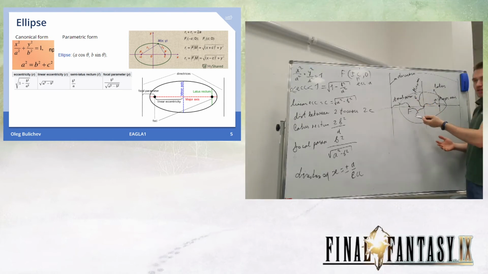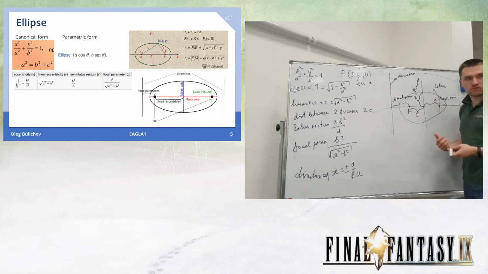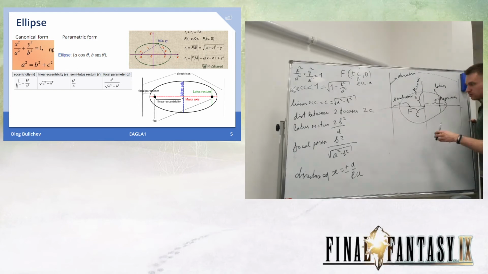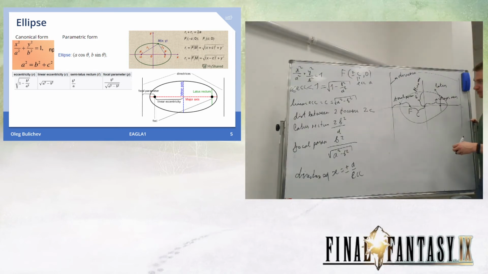Or, how can you find this? Focal parameter plus linear eccentricity. What is the property of the directrix? It's just a line which should be parallel to the minor axis in our case. Actually, we are defining ellipse or conic sections using directrix.